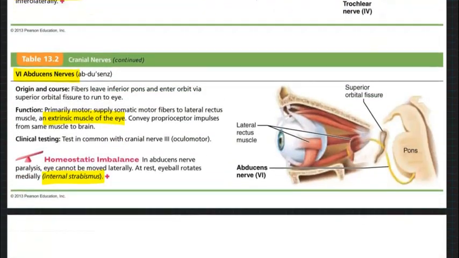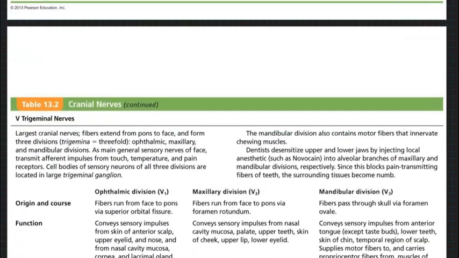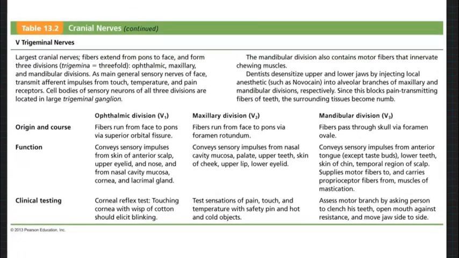Which brings us to cranial nerve number 5, which I kind of replaced. It's huge, so I will not ask you about the origins or the divisions.